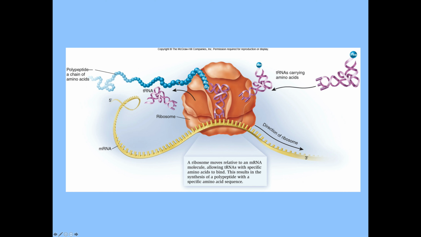As this polypeptide chain is made, in the last unit when we talked about the levels of protein folding, this is the primary structure. These amino acids are next to each other, so this valine and this glycine are pretty close together. They may react with each other and create hydrogen bonds, and that's where we saw that alpha helix and beta sheet.